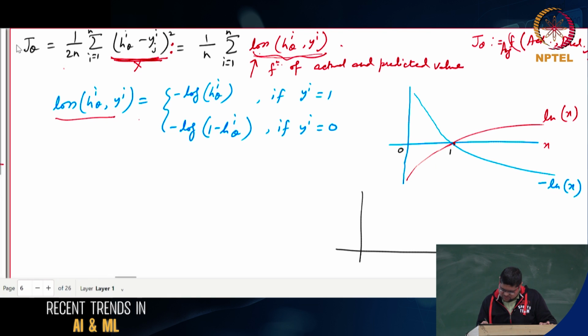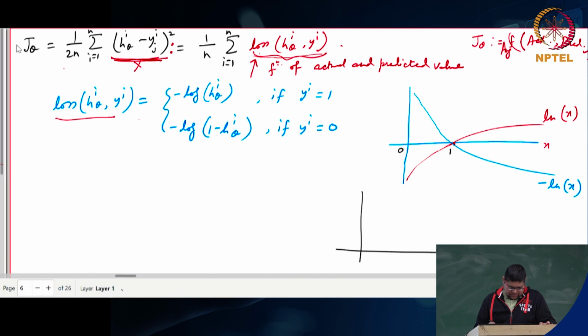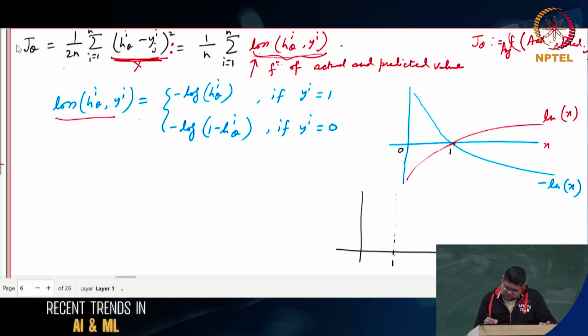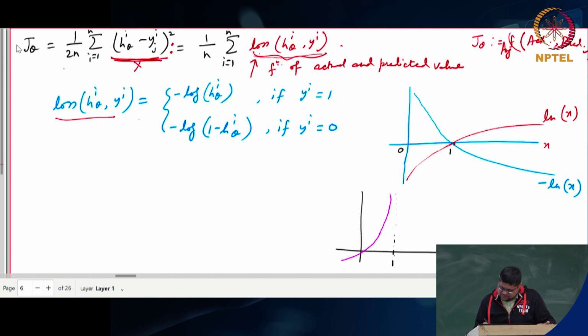This is 0 and this one is 1. Okay. And suppose this is 1. Now I am drawing this function, which is minus of ln of 1 minus x.